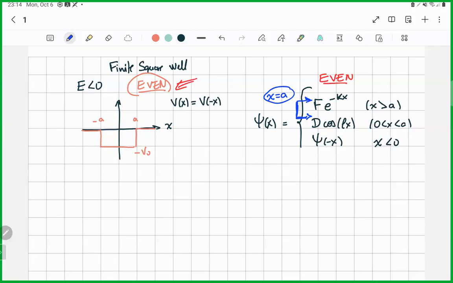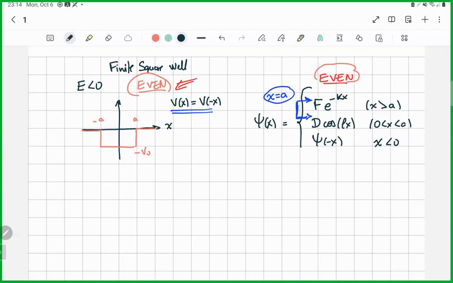So this is very convenient. Now, instead of playing with 4 equations, we will play with just 2. So if you remember that the potential is an even function, this simplifies things a lot. We solve everything for the even solution, and then later we solve everything for the odd solution. The odd solution is solved in one of the problems, problem 2.29.